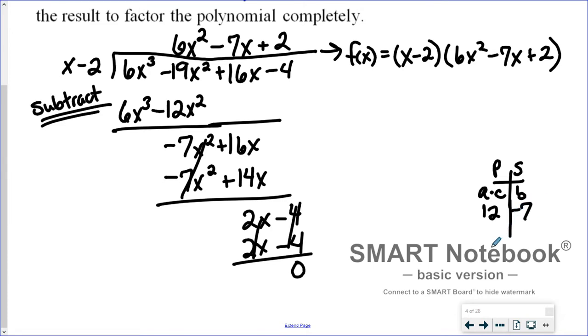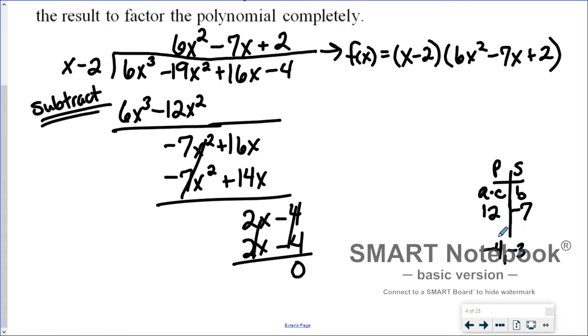I need to find two numbers whose product is 12 and whose sum is negative 7. Those two numbers are negative 4 and negative 3. Negative 4 times negative 3 is 12, and negative 4 plus negative 3 is negative 7.